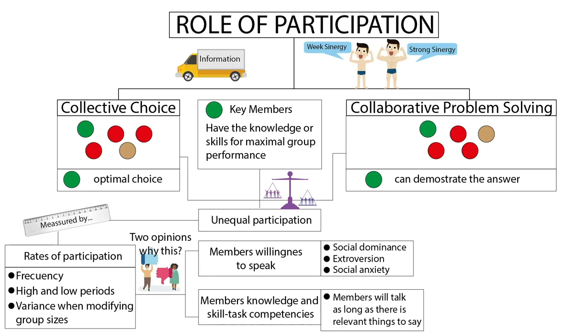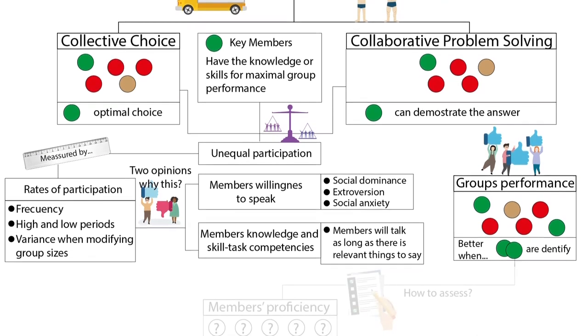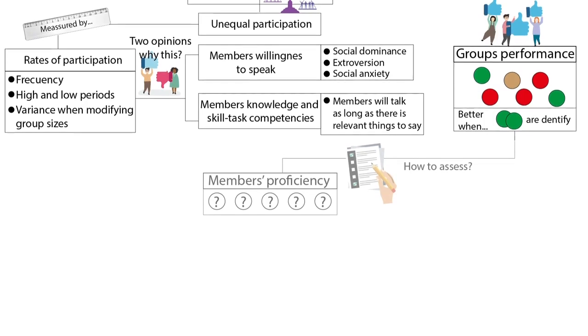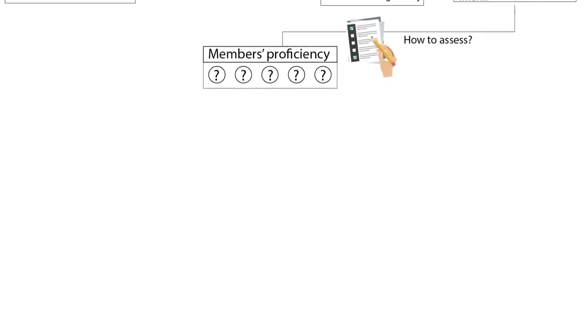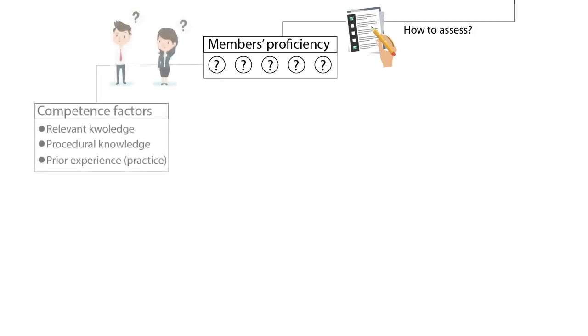An interesting thing to mention is that studies have proved that groups do perform better when expert members have been identified. Okay, so far so good, but how could we assess members' proficiency on the collaborative task? In the article, three factors are associated with competence: relevant knowledge, procedural knowledge, and prior experience or practice.